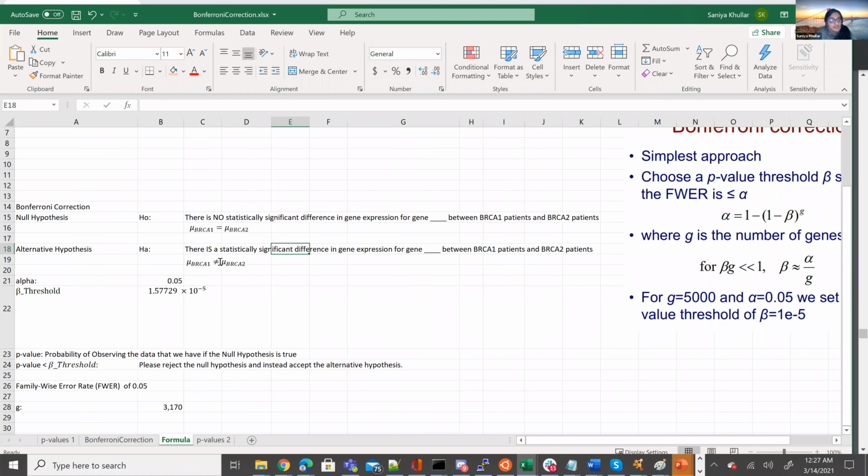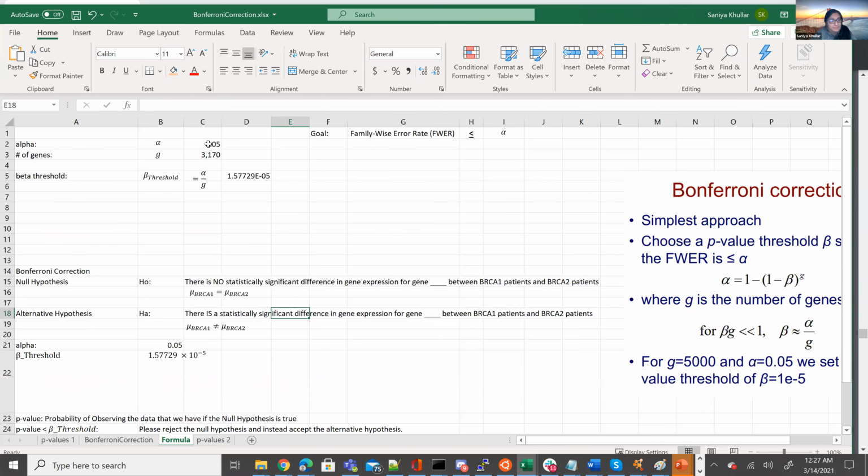So it's like we've scaled our alpha by the number of tests that we're performing. For one test, we typically have G as 1. When we're just running a two sample t-test, our beta threshold is the same thing as our alpha.